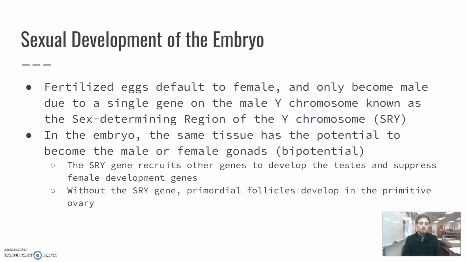And so without the SRY gene, those primordial follicles are going to begin to develop in the primitive ovary. Like we said, when a female is born, she has all the eggs that she's ever going to ovulate during her lifetime. And that's all going to happen without the SRY gene, so you need that SRY in order for something to become male.